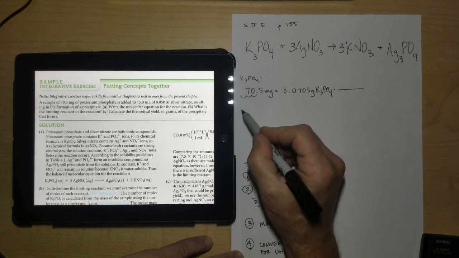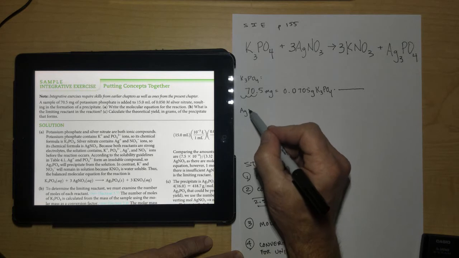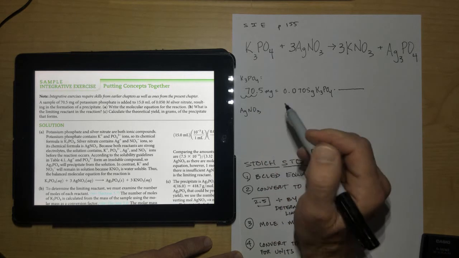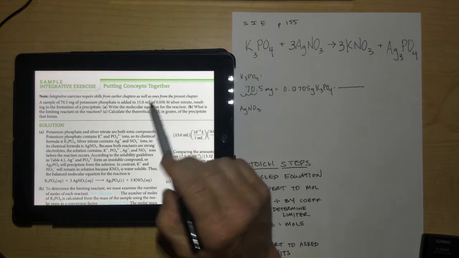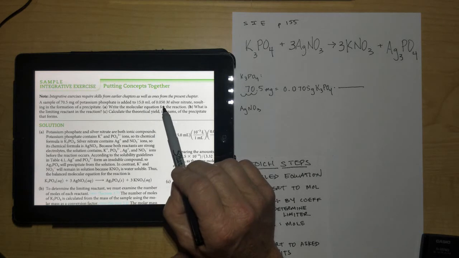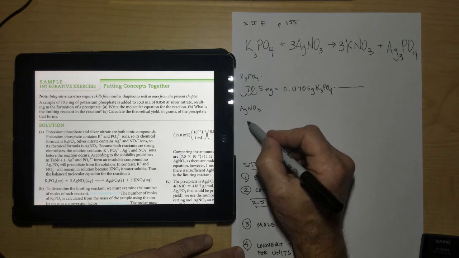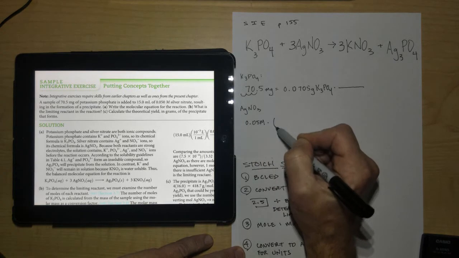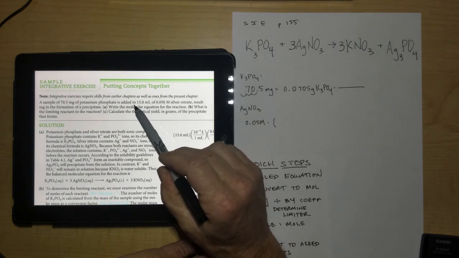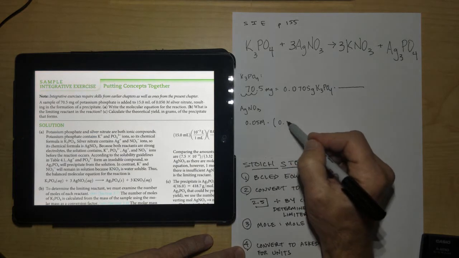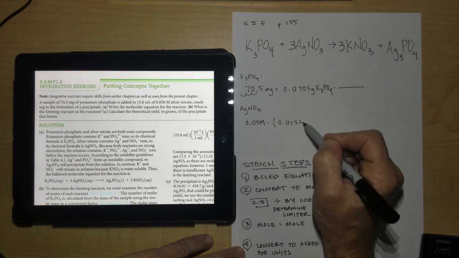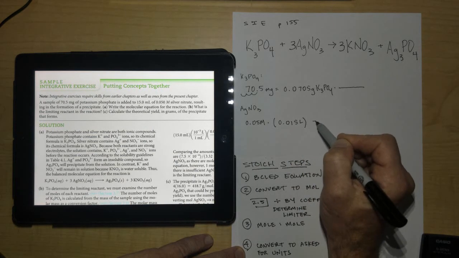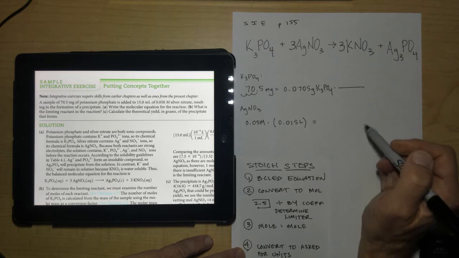And then my second thing that I know enough about to convert to moles is AgNO3, and I'm told that I have 15 milliliters of 0.05 molar, so using the molarity triangle, 0.05 molar times the liters, so 3 to the left, 1, 2, 3, 0.015 liters of the AgNO3. That should give me my moles of that.